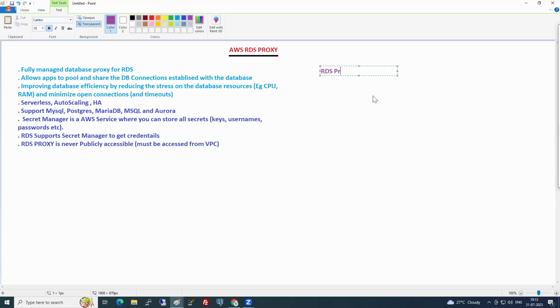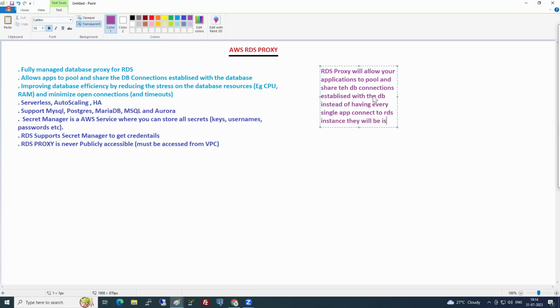RDS proxy will allow your applications to pool and share the DB connections established with the DB, instead of having every single app connect to the RDS instance.